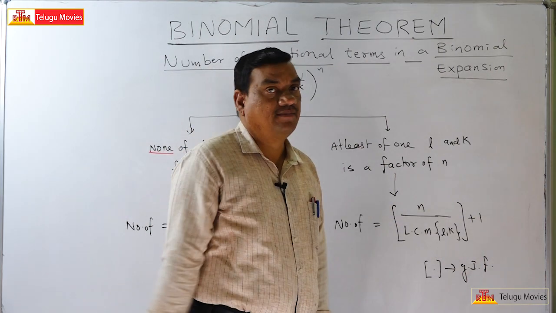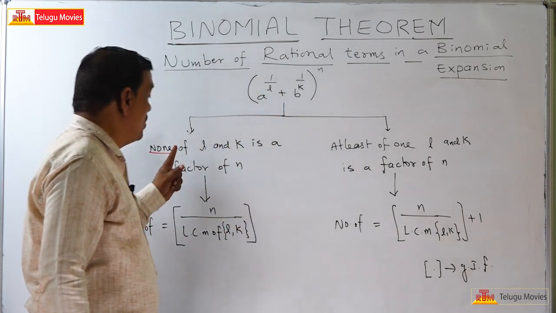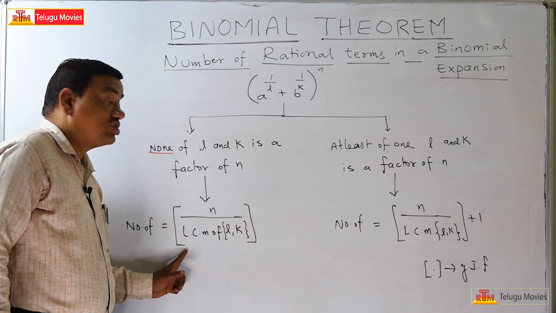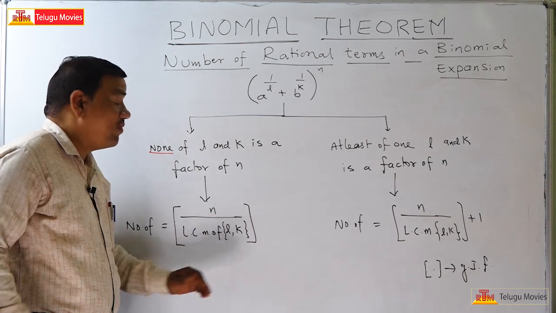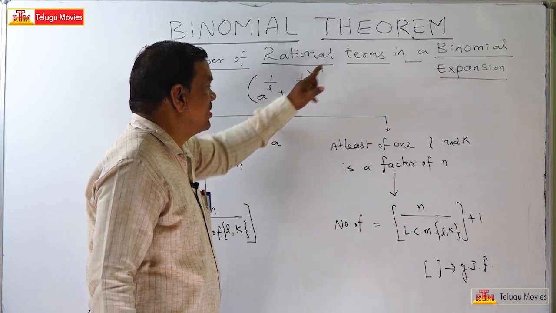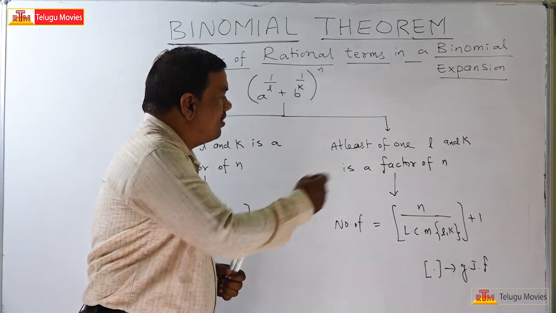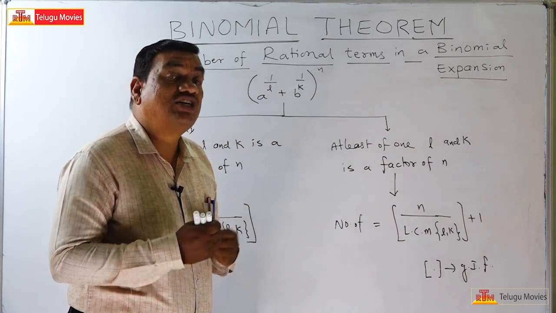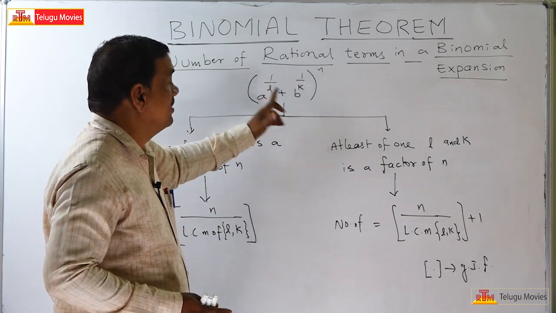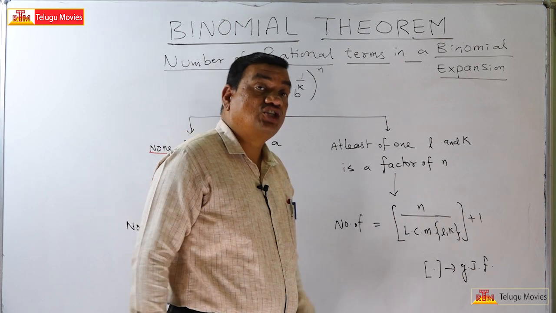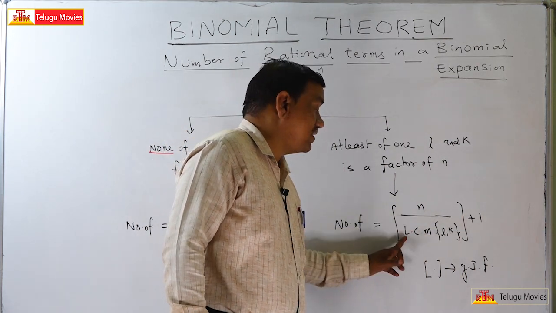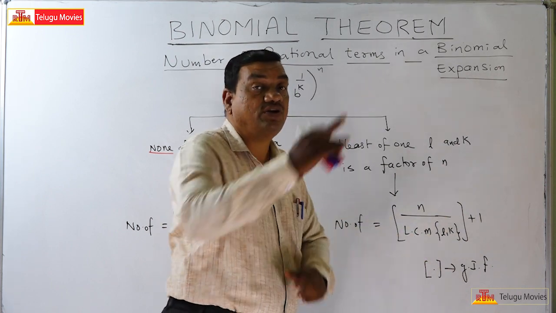You have to add 1. So if none of L and k is a factor of n, the number of rational terms is the greatest integer of n upon LCM of L and k. If at least one of L or k is a factor of n, then the number of rational terms is the greatest integer function of n upon LCM of L and k, plus 1.